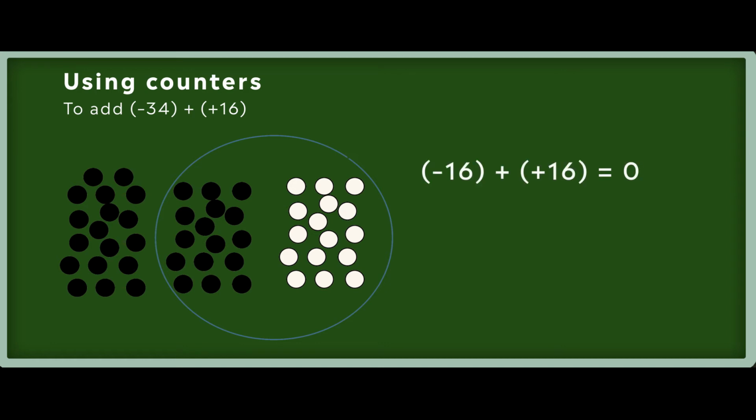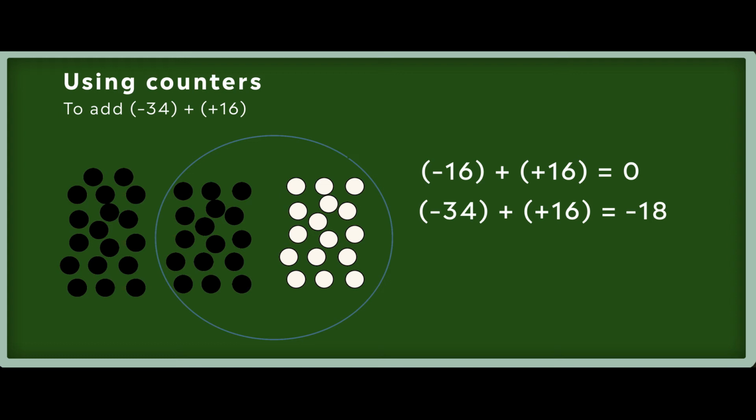When you add negative 16 plus positive 16, the value is 0, and we are left with 18 black counters, which is what? Negative 18. So we can say that negative 34 plus positive 16 is equal to negative 18.